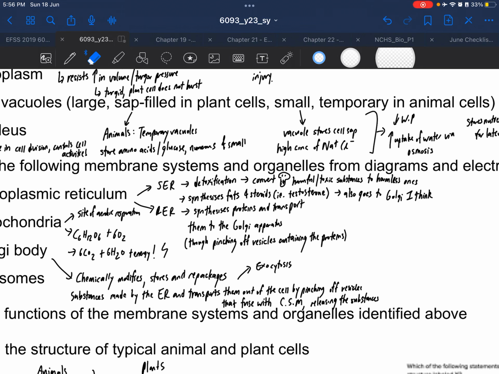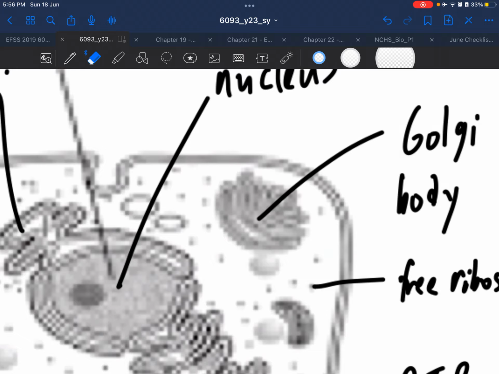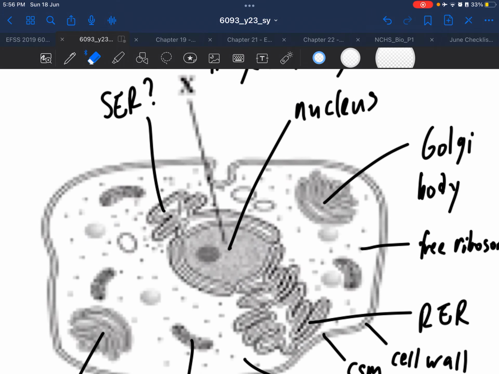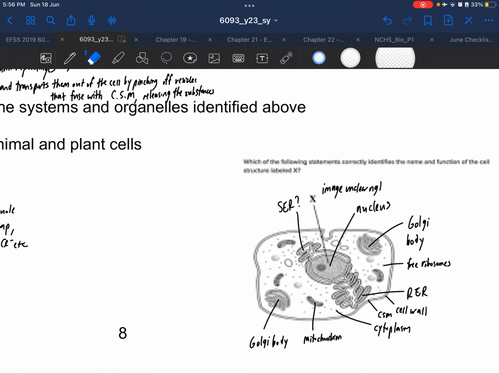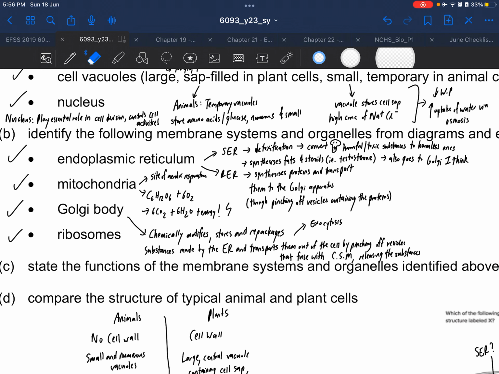For me, I find that the Golgi body, whenever it's further away from the cell and it looks a bit like a pancake, I would tell that it's a Golgi body. So this one looks like a pancake. It's further from the nucleus. It's not really attached to the nucleus, so I will conclude that's the Golgi body. And if it's attached to the nucleus and it's smooth, then that's definitely the smooth endoplasmic reticulum. Yeah, so basically that's all.